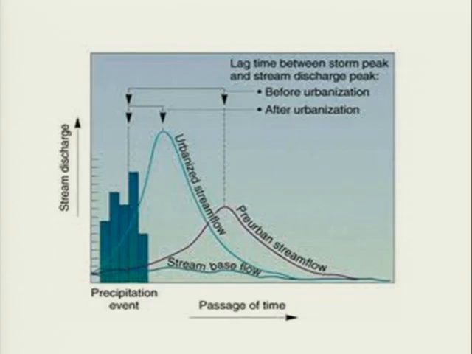The rising limb of the urbanized stream flow. Can everybody see that that one is steeper? The gradient is steeper than the pre-urban or the rural areas. Reasons for that. Remember, urban areas are covered in non-permeable, non-porous surfaces.